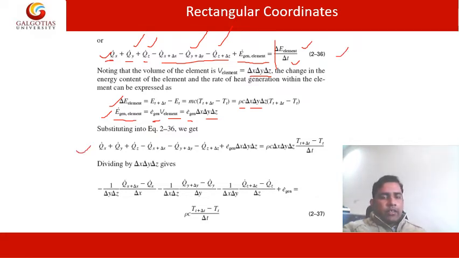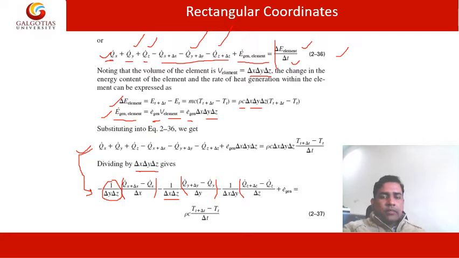Okay, and if we divide this equation by delta x delta y delta z, this equation will transform into this form. Okay, q x plus delta x minus q dot x divided by delta x, and keep this element outside this term. In a similar fashion, we can do the same thing for y and y plus delta y, and keep this term out of this bracket.